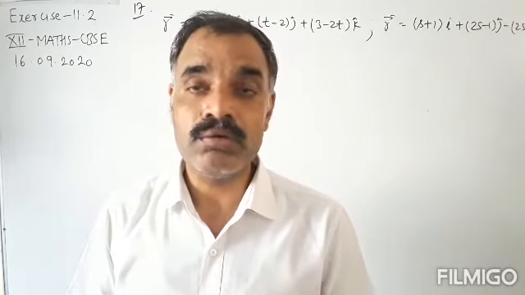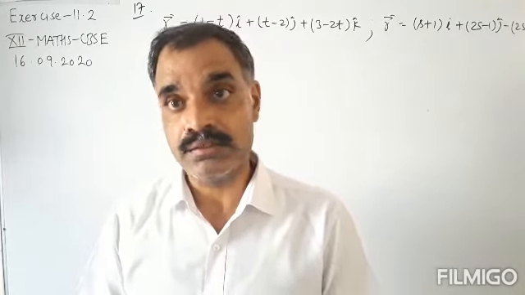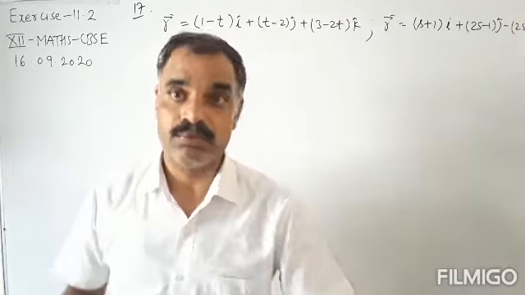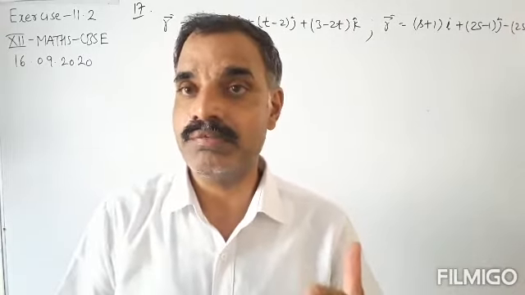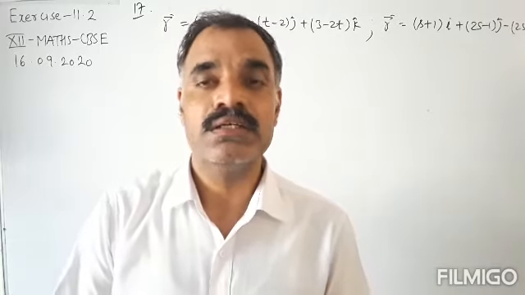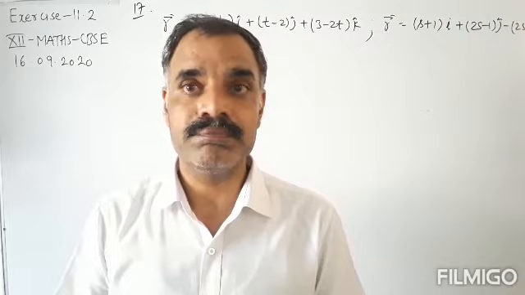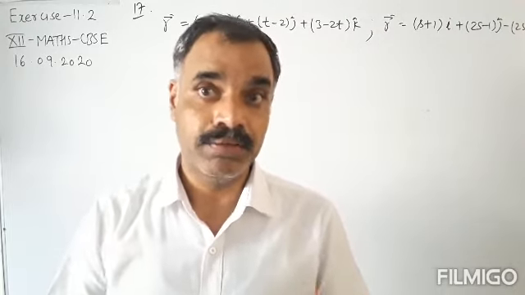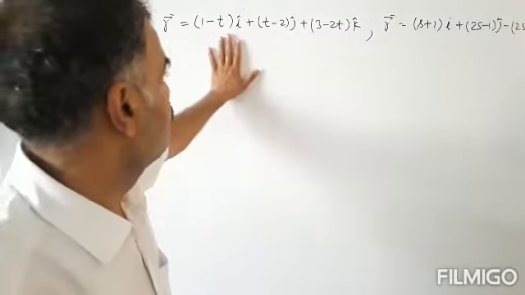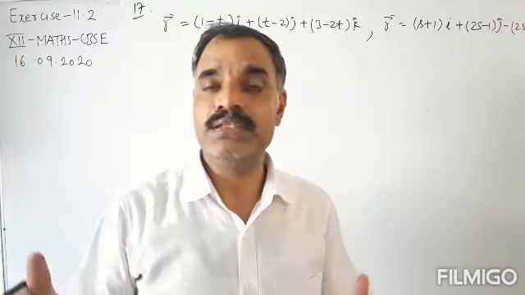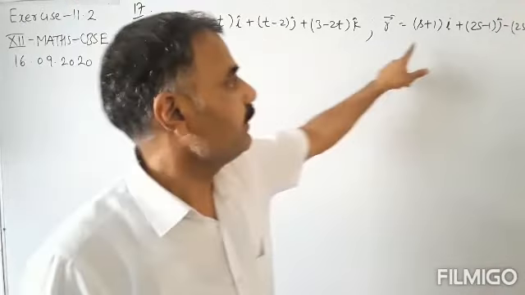So first of all we have to put these lines in standard vector form, which is r vector equals a vector plus t b vector, and r vector equals a vector plus s b vector. Here lambda and mu are replaced by t and s.